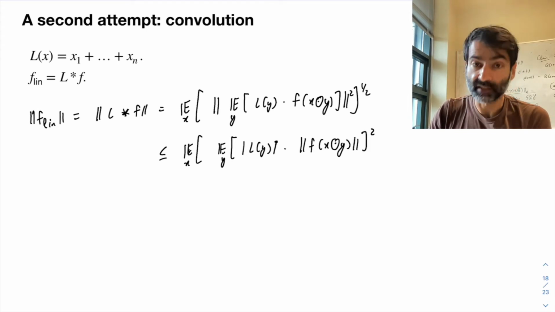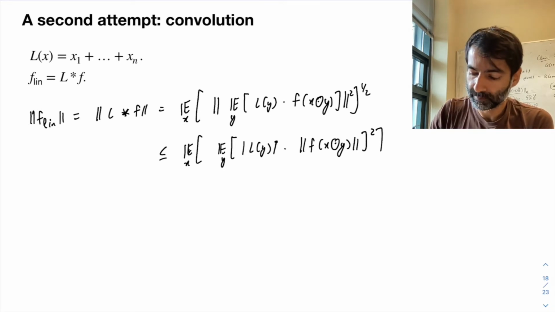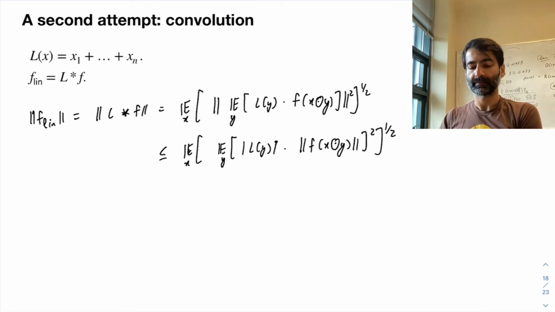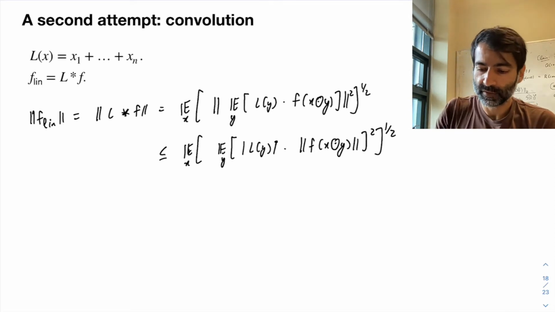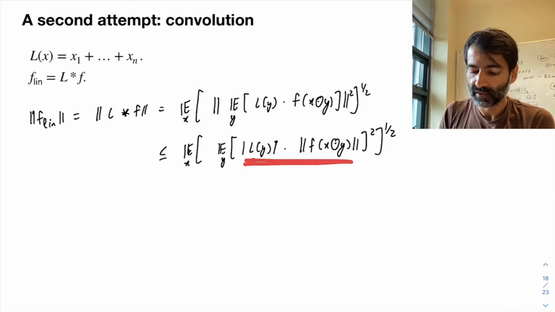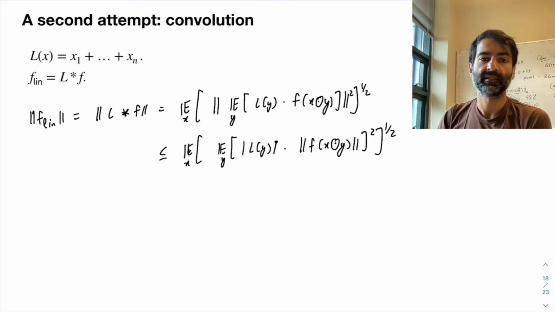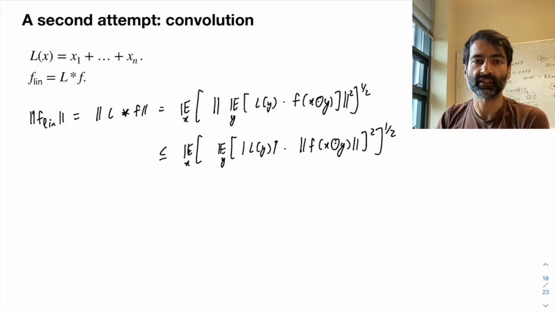This is by the triangle inequality of the norm. Okay, great. So what we have written in here looks like an inner product. It's an inner product of two vectors, and we're squaring the inner product. So I'm going to use the Cauchy-Schwarz inequality.